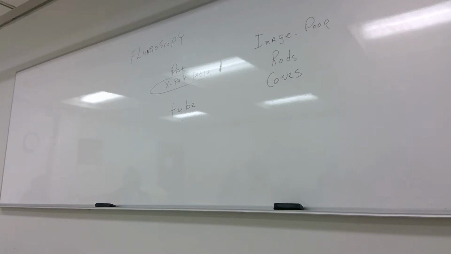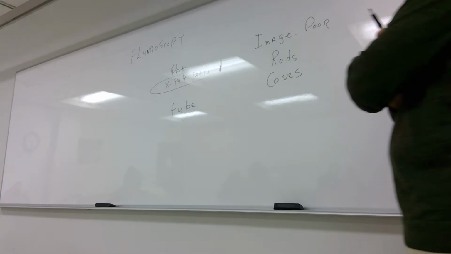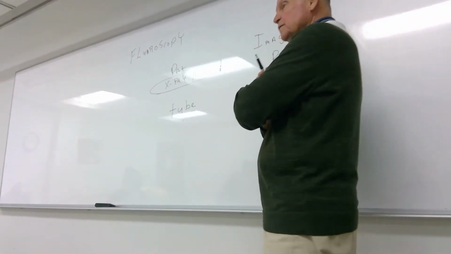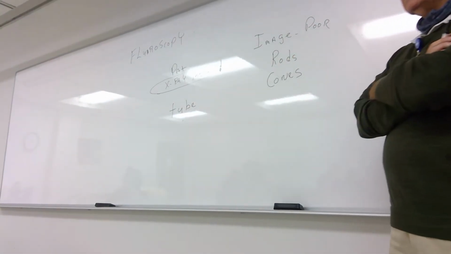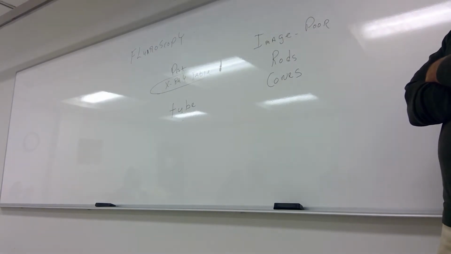So what are you using right now? We're in an illuminated room. Is this rod vision or cone vision? We are using cones. And when you're using cone vision, you can see detail and sharpness.